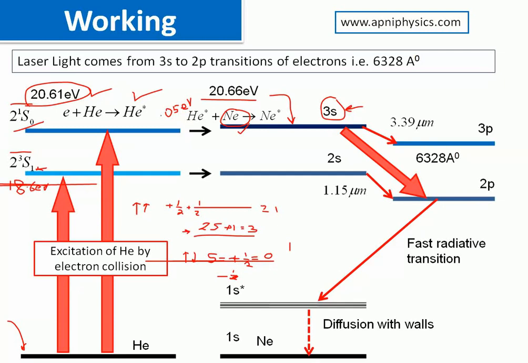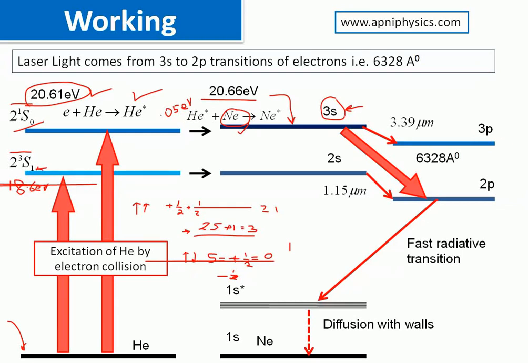So corresponding to the singlet, we get this 3s state, the metastable state of the neon atom, and corresponding to the triplet we get the 2s state of the neon atom, which is about 18.6 electron volt, right?